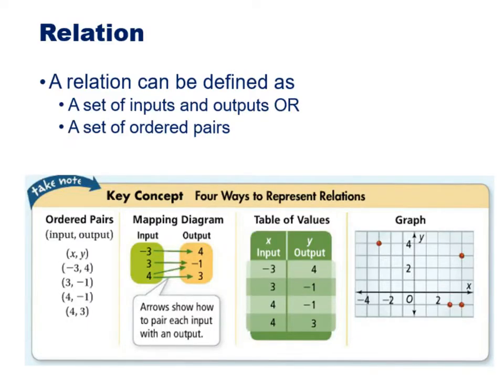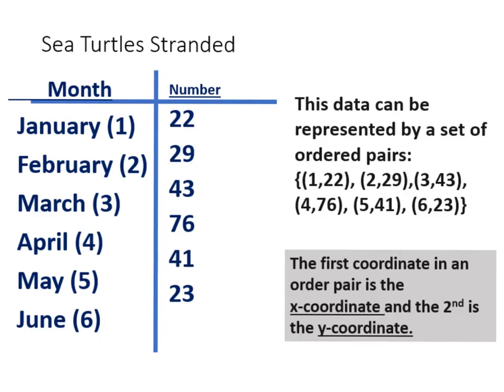Now a relation can be defined in two different ways. It can be defined as a set of inputs and outputs, or it's also defined as a set of ordered pairs. And below we're given 4 different ways of expressing or representing a relation. In this first example, we're given a set of data points.